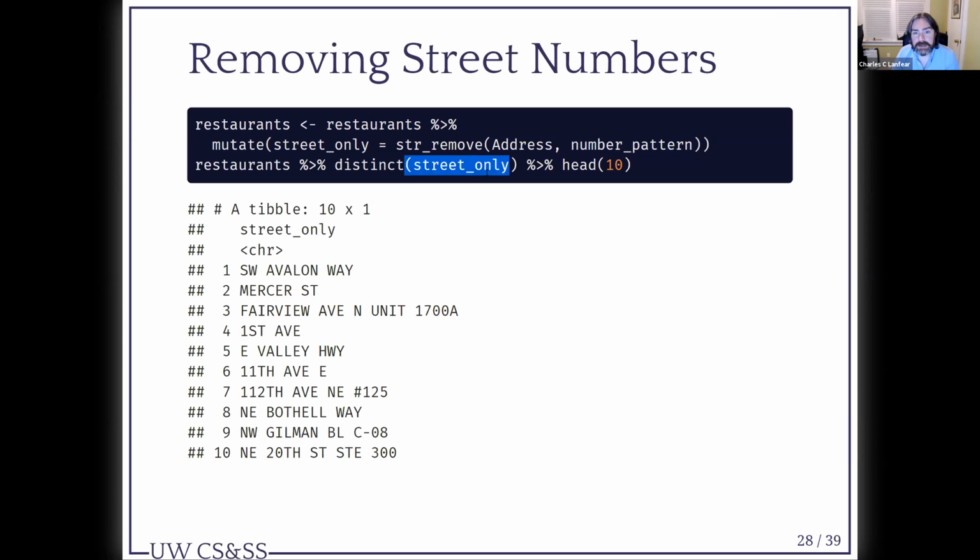If I get the distinct streets, I can see I get things like Southwest Avalon Way, Mercer Street, and damn it, Fairview Avenue North, Unit 1700A. I scroll down and I've got 112th Avenue Northeast, number 125. Whatever this is, Northwest Gilman BLC-08, Street Suite 300.